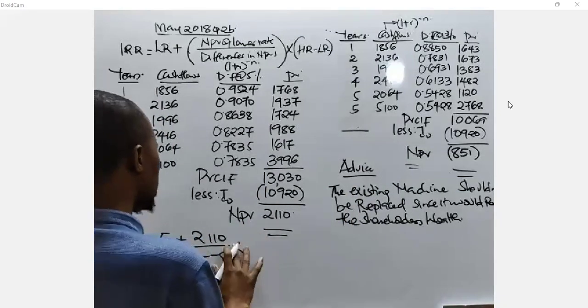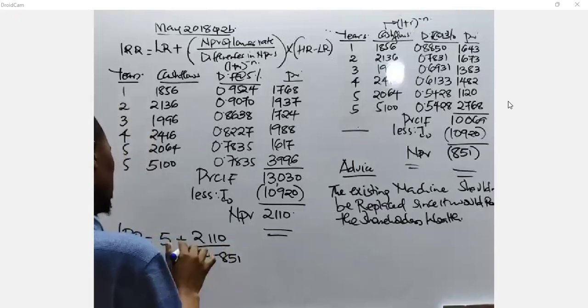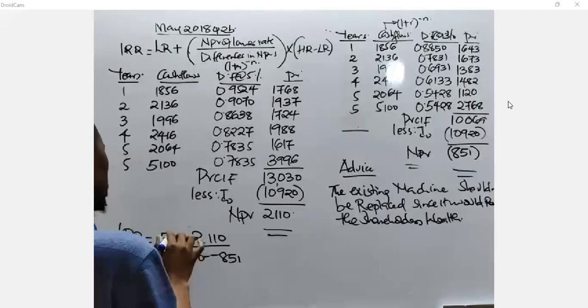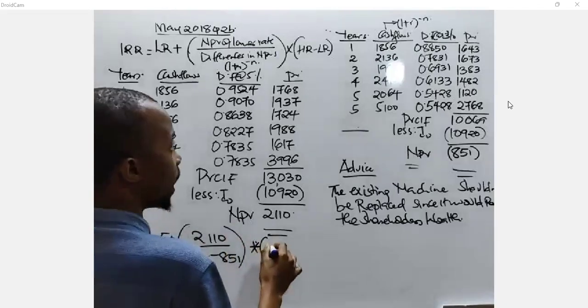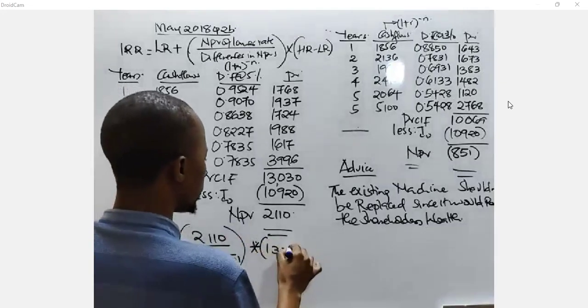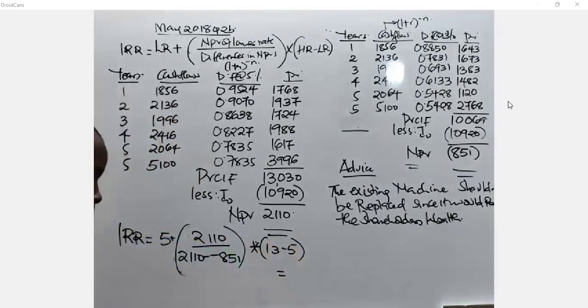Then here, we multiply by the difference in rates, which is 13 minus 5. So we say 2110 minus a negative is positive, plus 851.